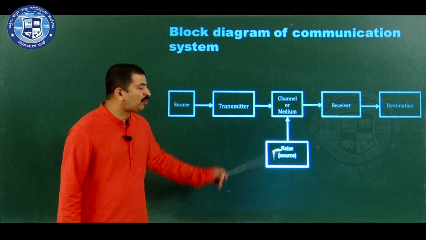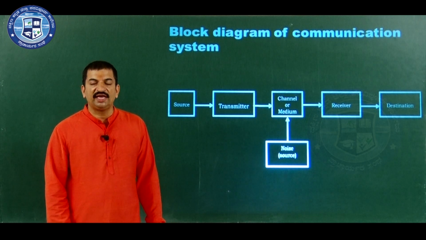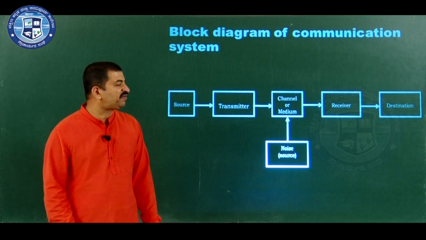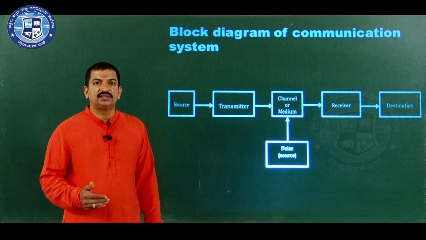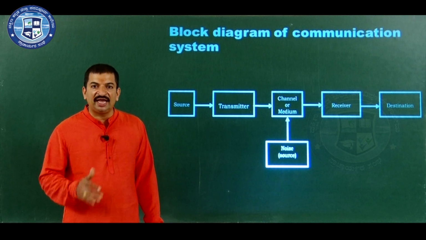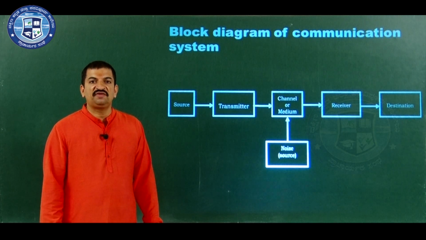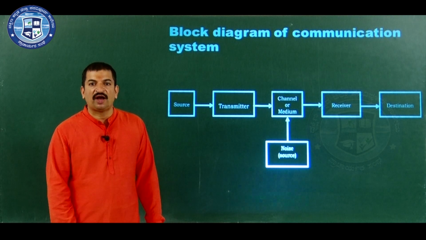Next is the communication channel. The communication channel is the medium by which electrical signals are transmitted from one place to another place. In other words, the communication channel is the link connecting the transmitter and the receiver. The different types of communication channels are, one, the optical fibers.